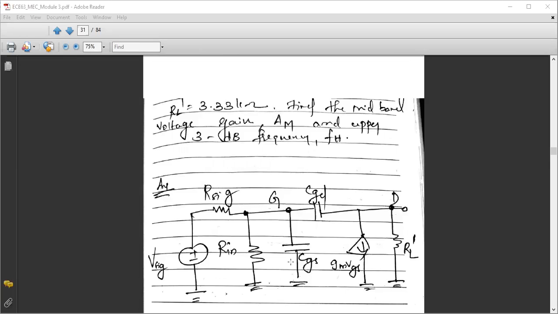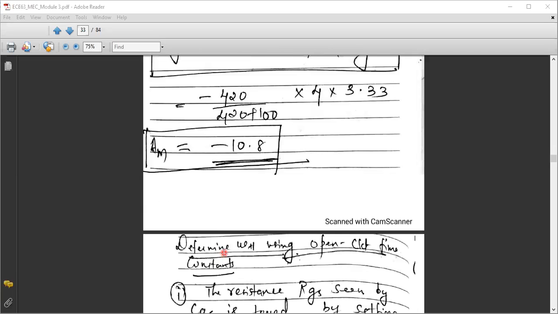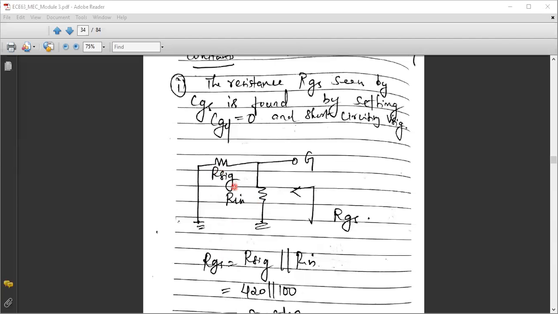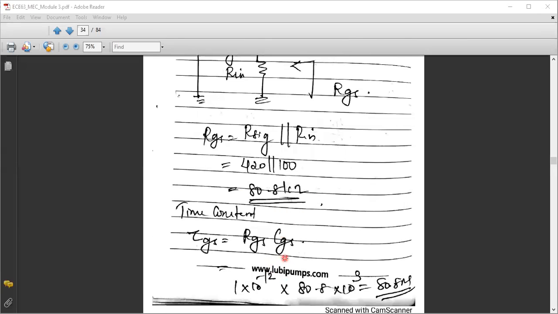If you look across the CGS, you are going to find two resistances which are parallel, provided our voltage source is short circuited for the analysis. So with direct observation, we found that both resistances are parallel, and we can get the equivalent resistance as RGS. Multiply that RGS and the capacitance, and you will get the time constant tau GS.